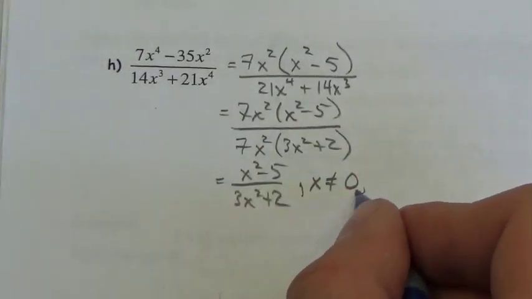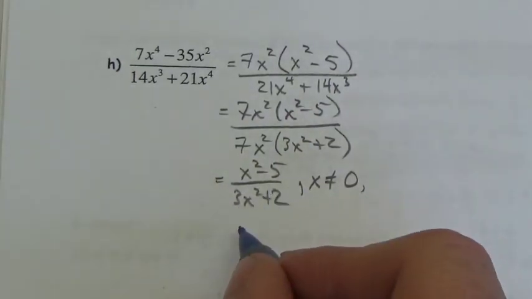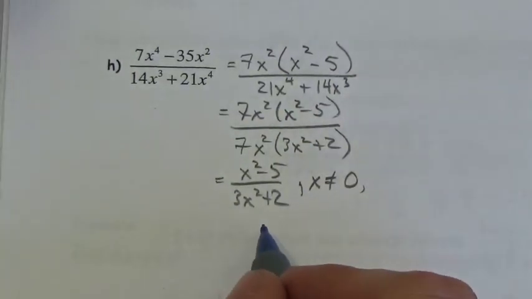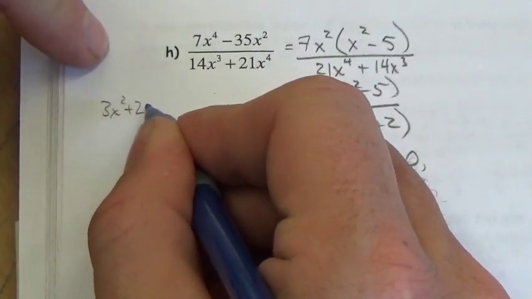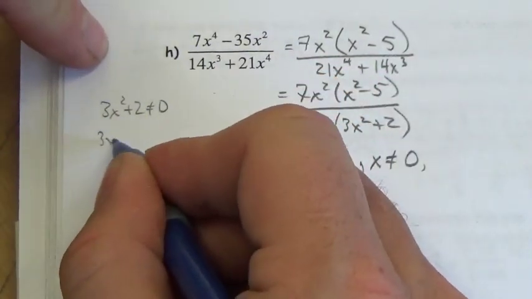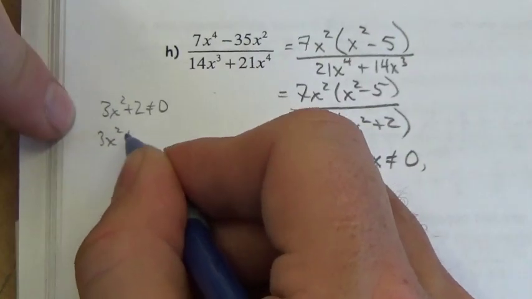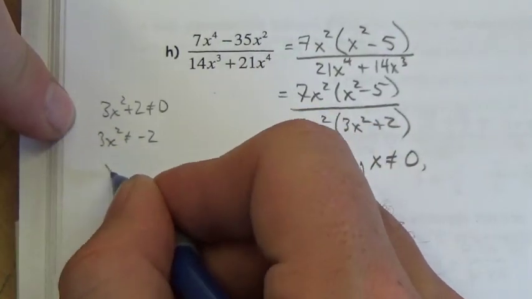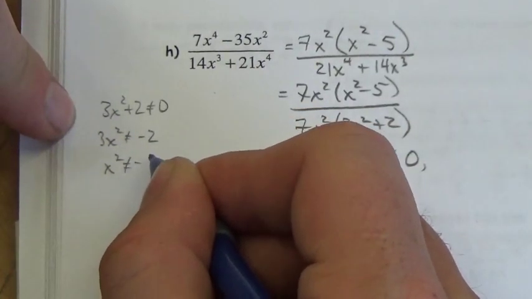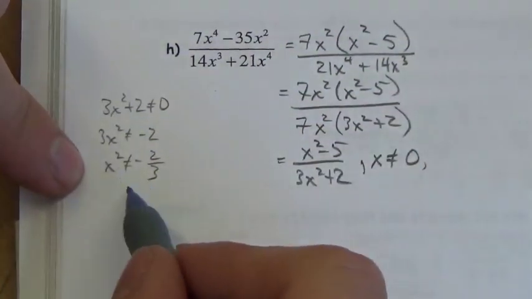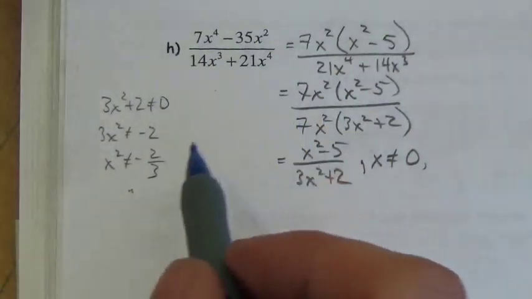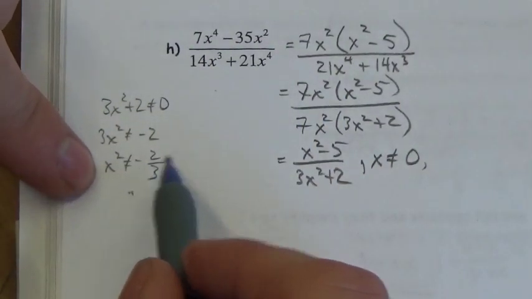The other discontinuity I have, the essential one, is that, well, now I got to take a look at this. That's a little bit more complicated. So let's just go over to the side here. 3x squared plus 2, I can't let that go to 0, which means I can't let 3x squared be equal to negative 2. I can't let x squared equal negative 2/3. And as soon as I get to this point here, it becomes really clear to me. The next thing I would do is take the square root.